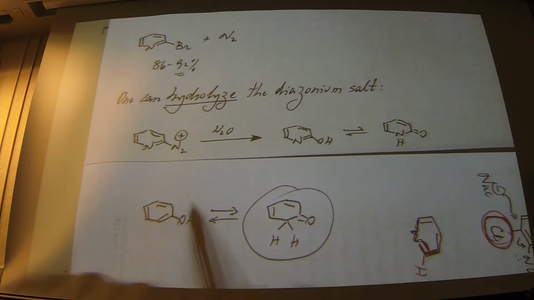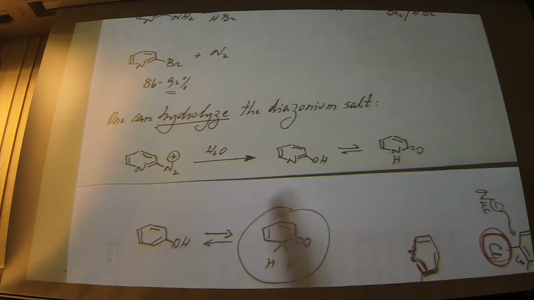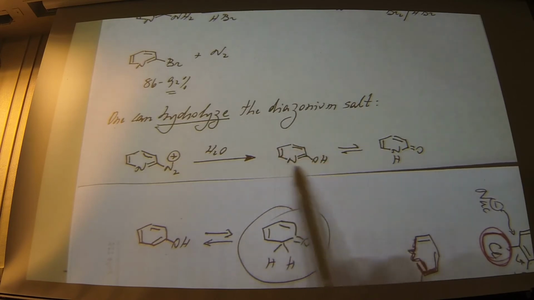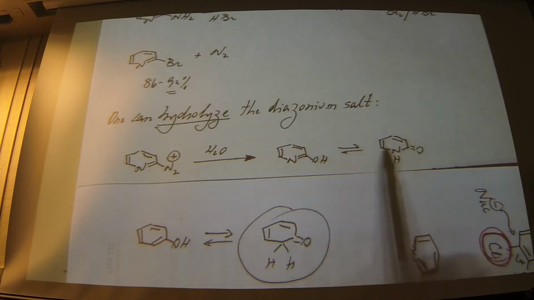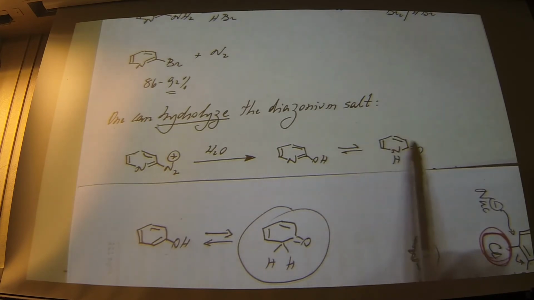You have the aromatic ring, but in pyridone actually you have a lot of this in equilibrium. So the keto-enol equilibrium overwhelmingly favors phenol, but with the 2-hydroxypyridine it doesn't overwhelmingly favor the 2-hydroxypyridine. You end up with, I forget what the equilibrium is, but it's roughly 1-to-1, maybe 2-to-1 or something. And so there's a lot of this stuff around.